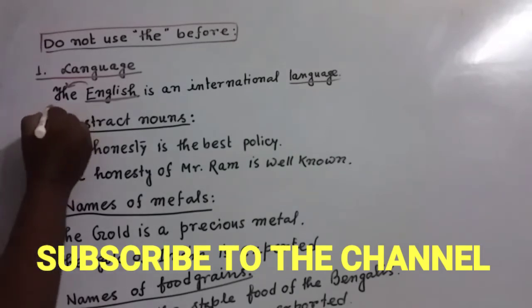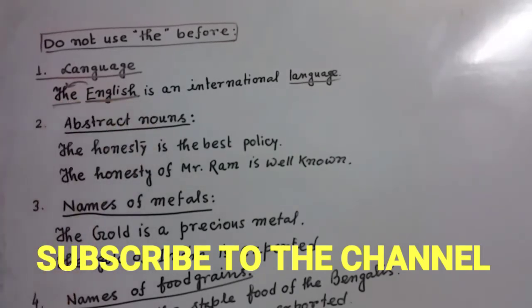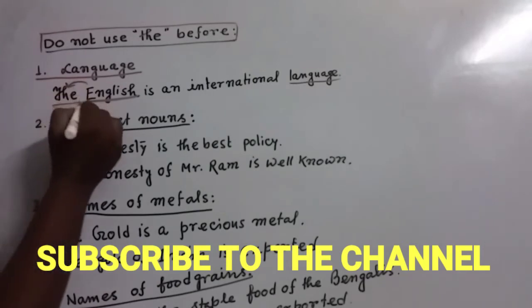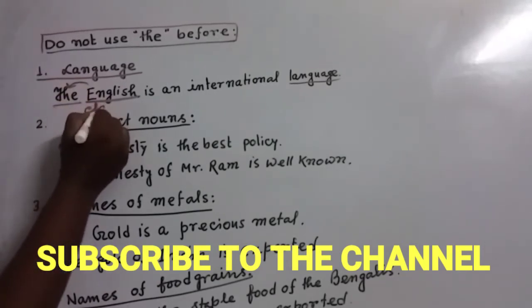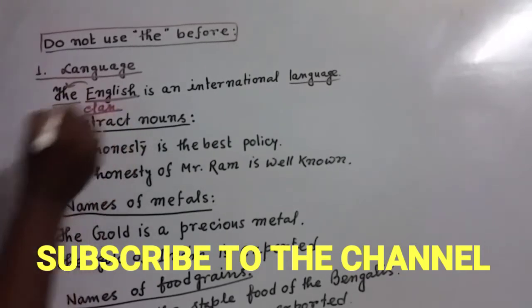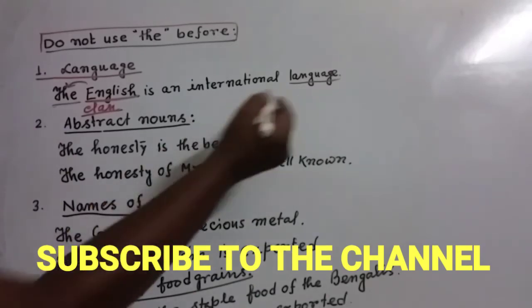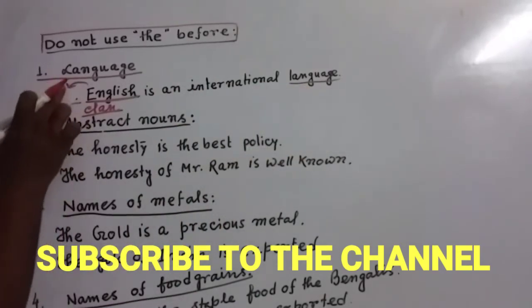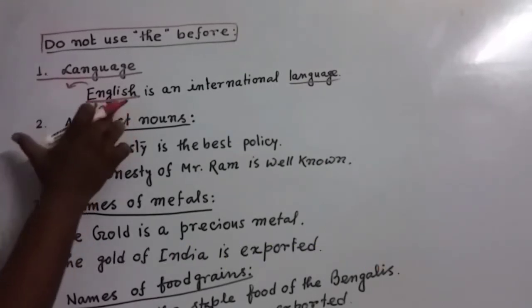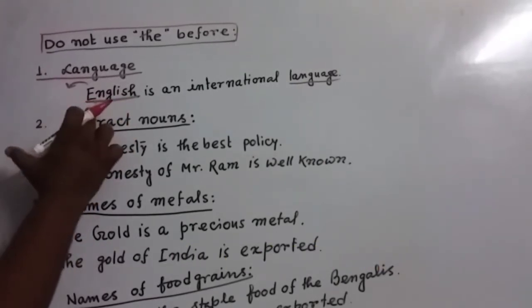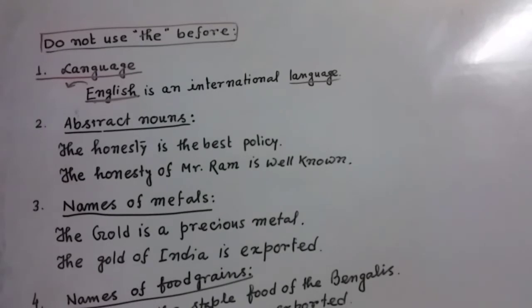If we use the term the, it means it is the English clan, or you can say it means the British, that means the people of England. But here we are using it in the sense of language, so we cannot use the term the. So directly we have to write down: English is an international language.